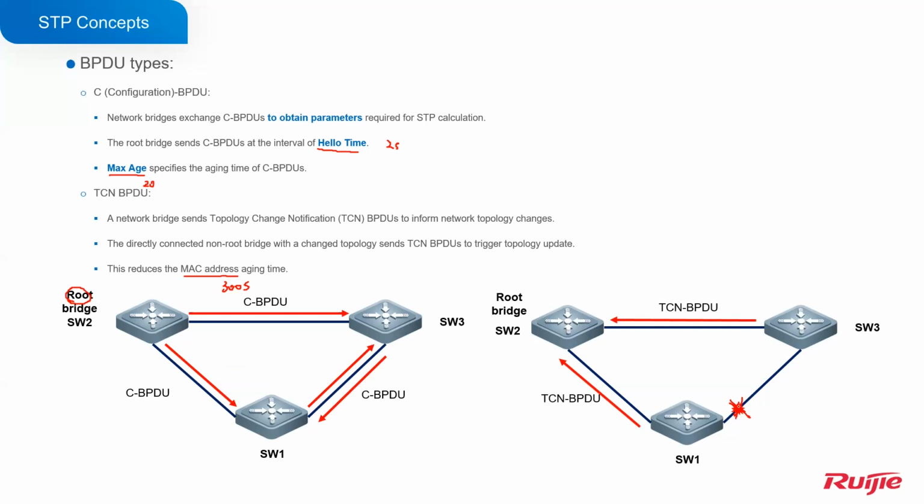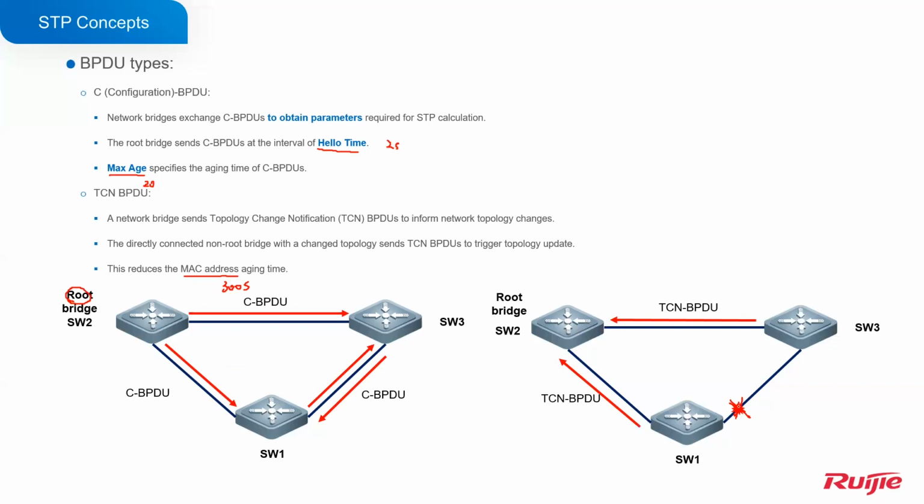In this case, the upstream device is SW2, the root bridge, to notify the root bridge that the topology has changed. Okay, this is about the BPDU types, the information they carry and the process of exchanging.